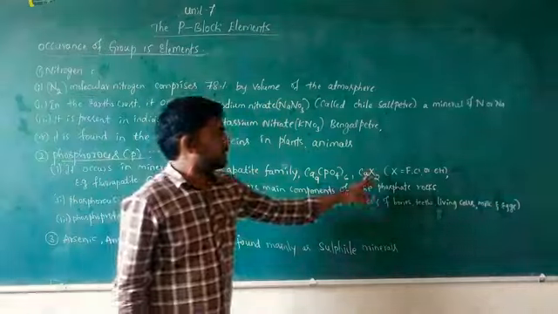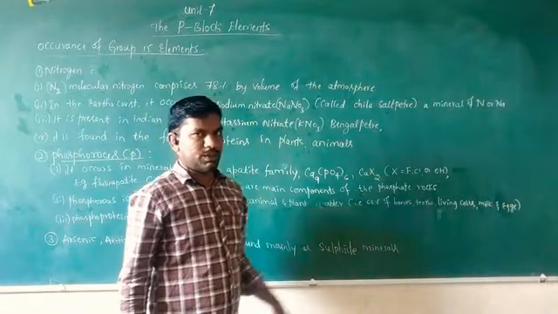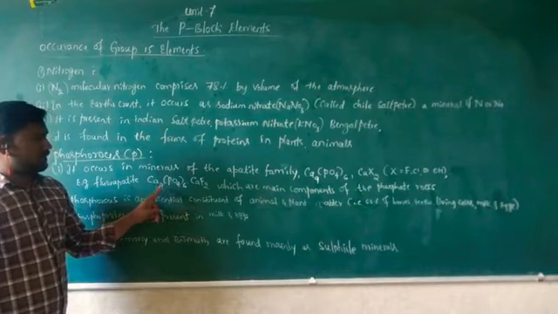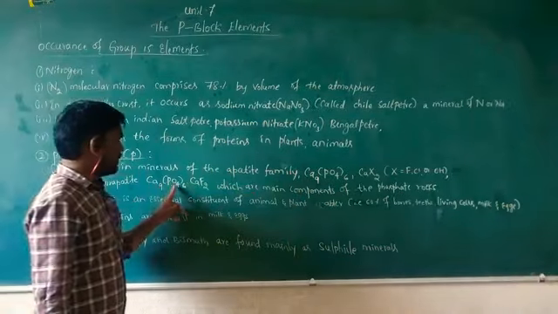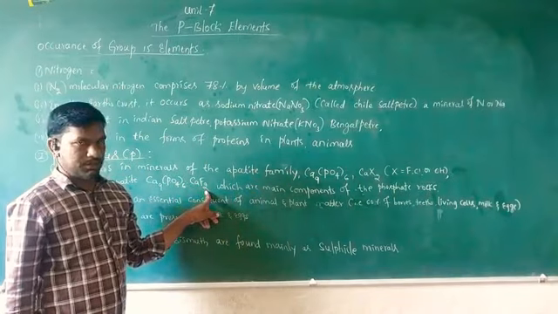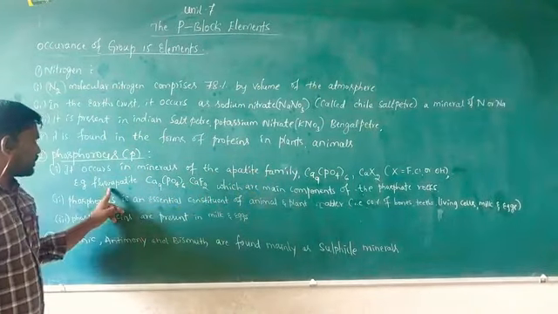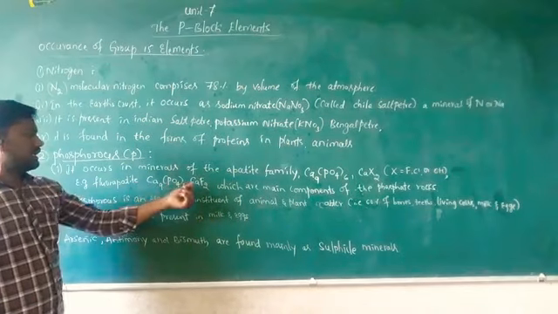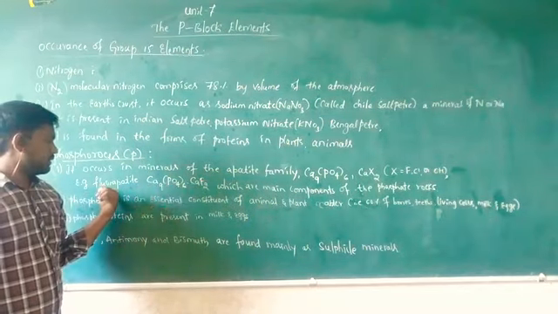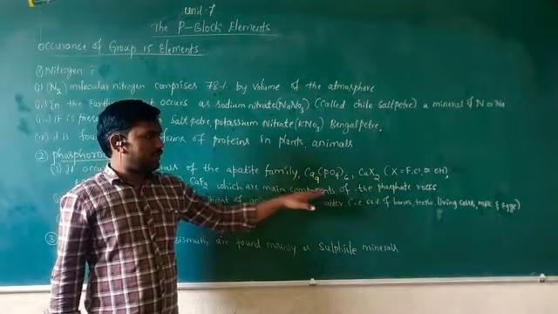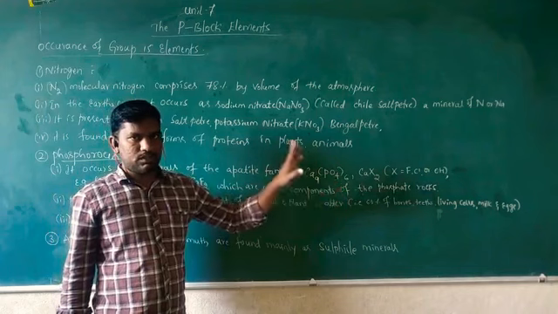For example, if X is F, it is fluorapatite, with the same formula, Ca9(PO4)6·CaF2. Fluorapatite is one of the main components of the phosphate rocks.